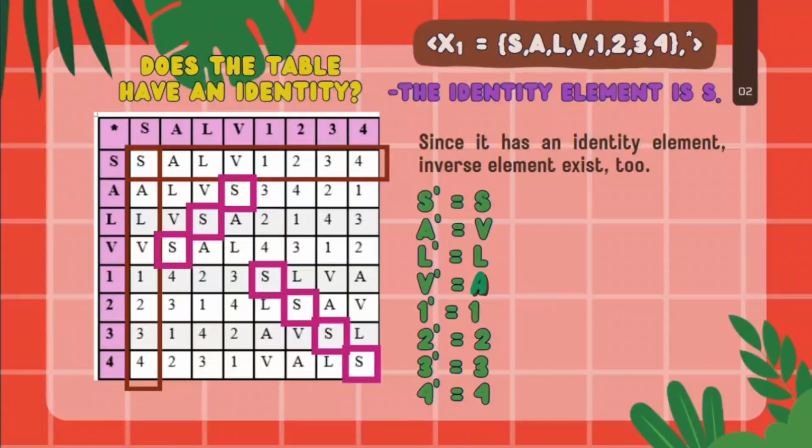As you can see, the identity elements are boxed, and the inverse of the element S is S, the inverse of A is V, the inverse of L is L, the inverse of V is A, the inverse of 1 is 1, the inverse of 2 is 2, the inverse of 3 is 3, and the inverse of 4 is 4.